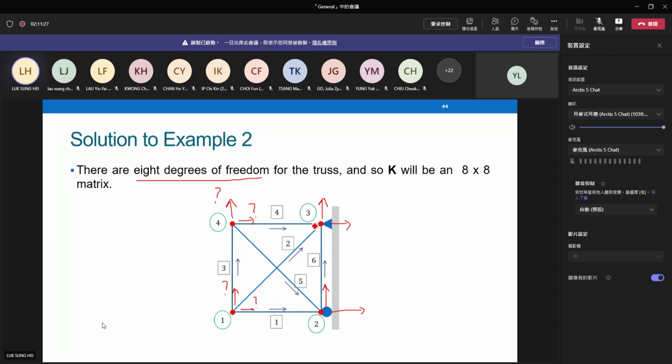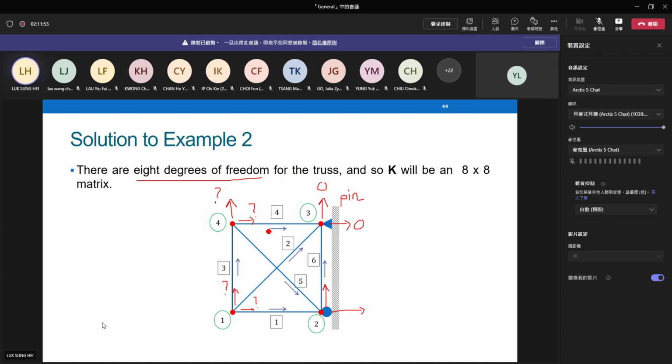Then node 3. Node 3 is a pin support. Pin means we have basically no displacement normally, unless you have some movement for the wall. Otherwise, we assume that there are no displacements. Zero horizontal, zero vertical, two zeros.